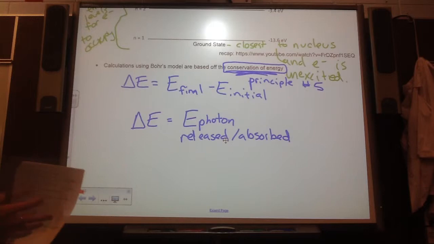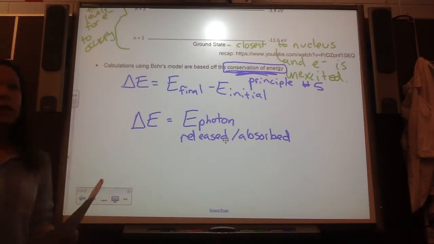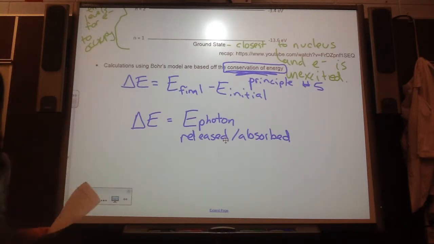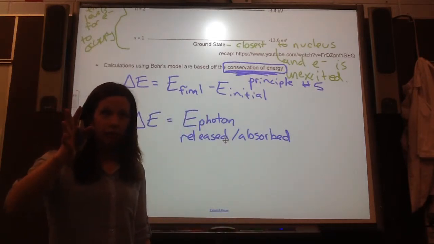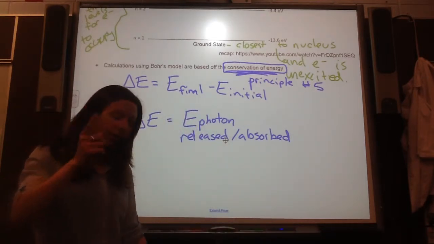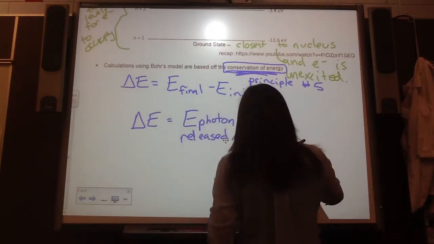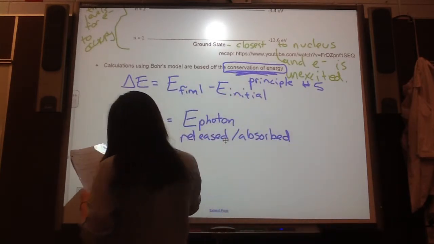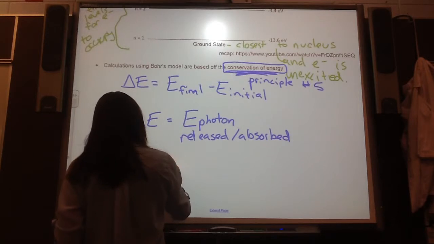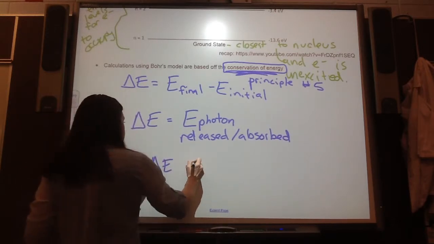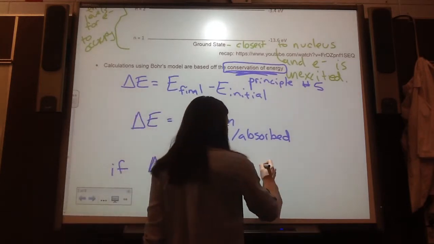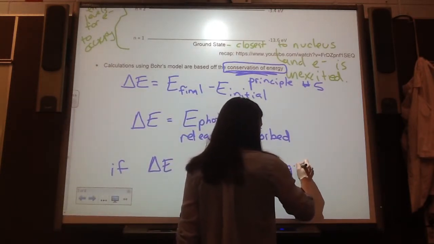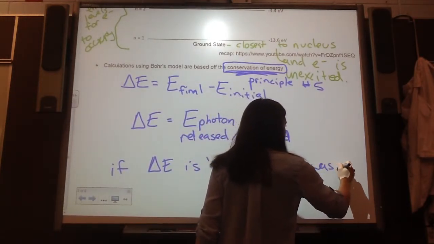Now, if we think about this numerically, think about it like redox. If delta E is negative, then energy was released.